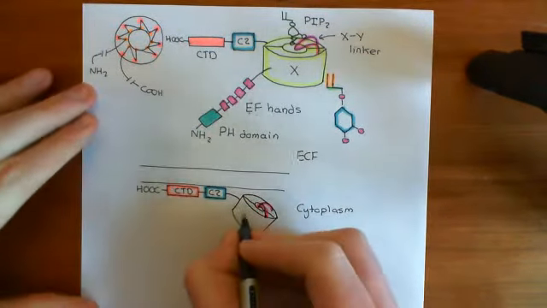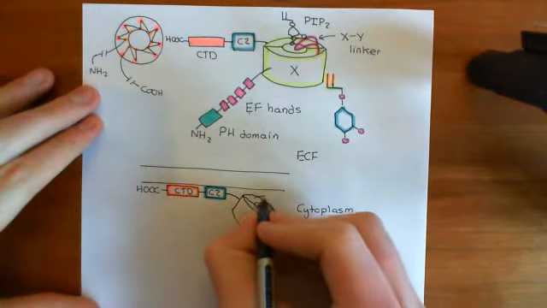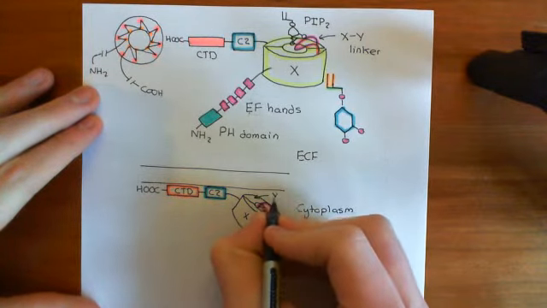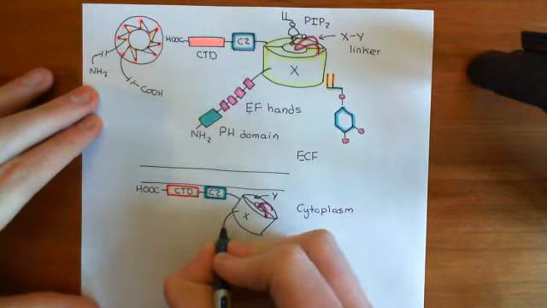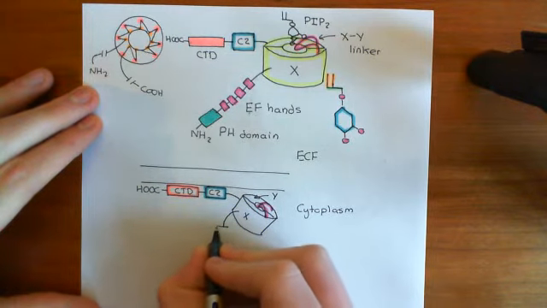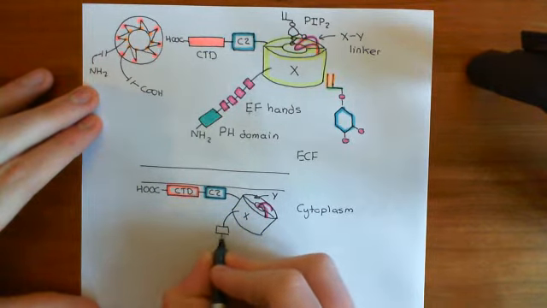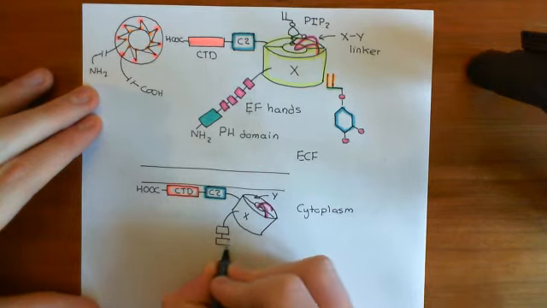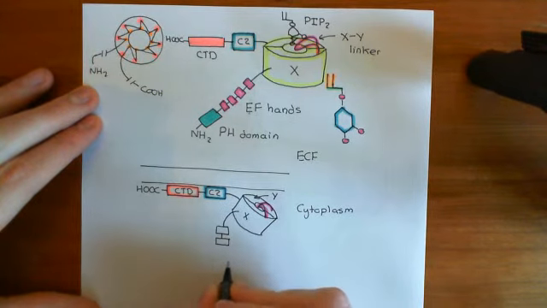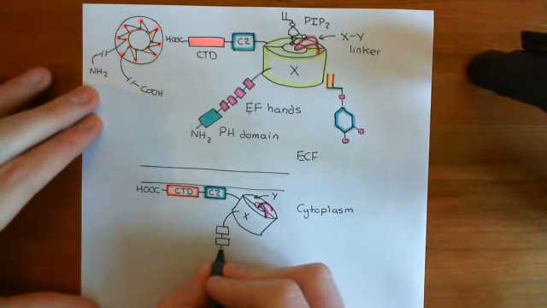So this is the X domain and this is the Y domain here. And then coming off the X domain, you then have the four EF hand domains, 1, 2, and I was trying to show the pleckstrin homology domain bound to the phospholipid bilayer, forgot about that.